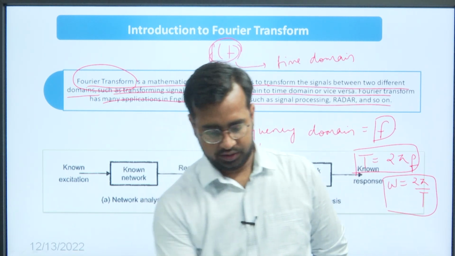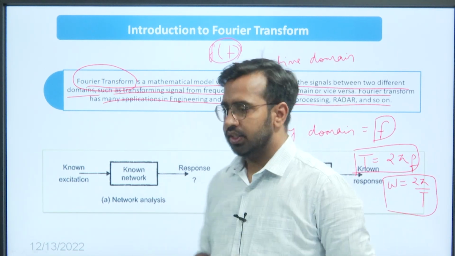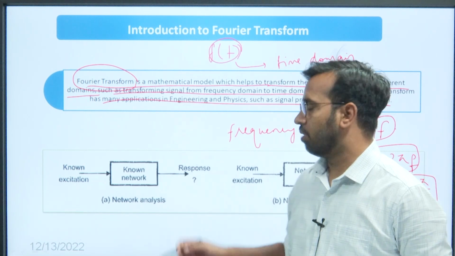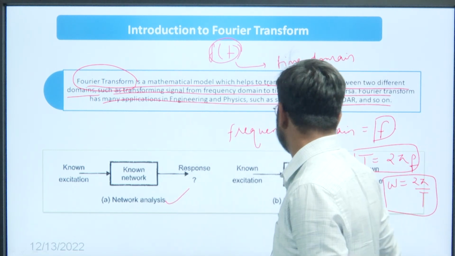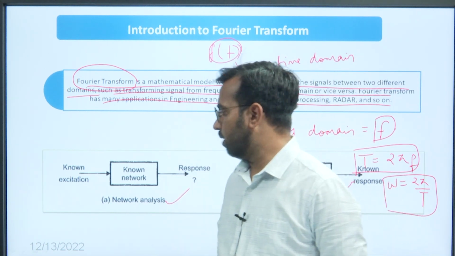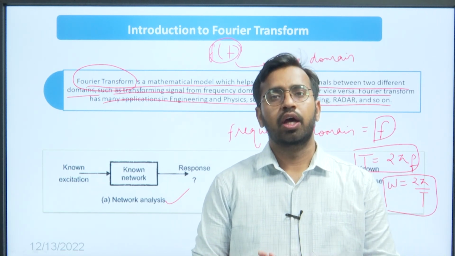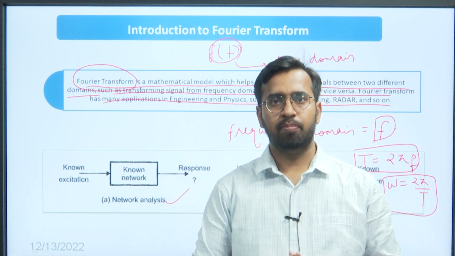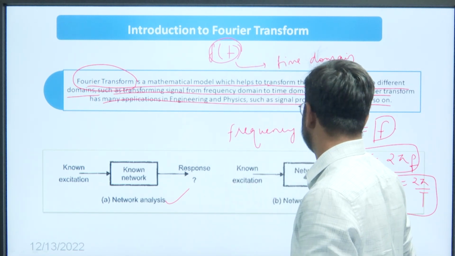One more thing, which will come in the further slides: what is the difference between network analysis and network synthesis? When we know the input and output, and we are required to determine the parameters of the system, that is known as synthesis.